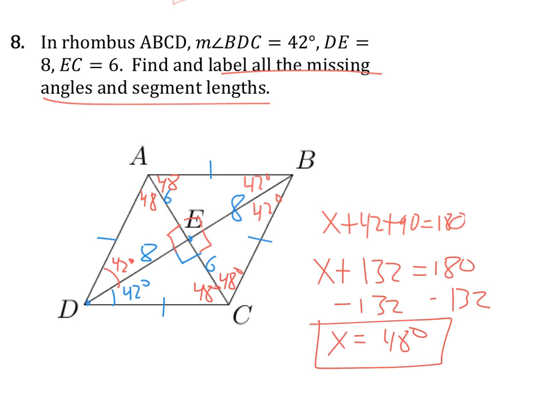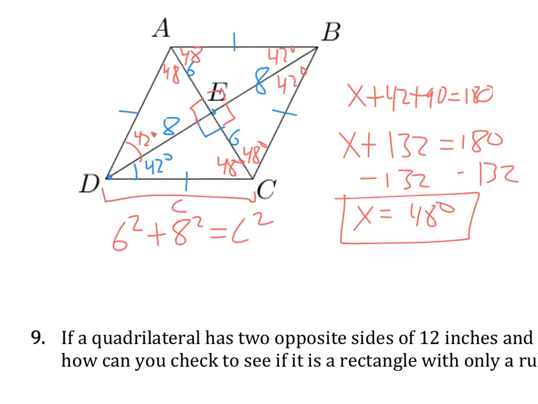Last thing we don't know is we've got to find this length right here. Okay, actually I might call that little c because you see the right triangle here. If we want to know this side, we have a right triangle. How do we find the missing side of a right triangle? We use our Pythagorean theorem. 6 squared plus 8 squared equals c squared. And that's 36 and 64.